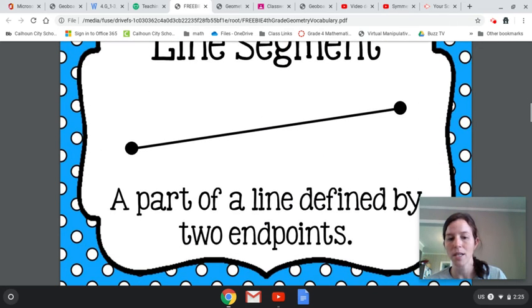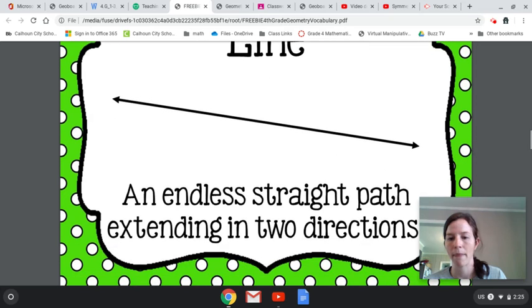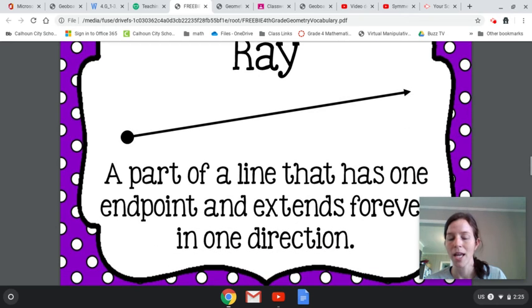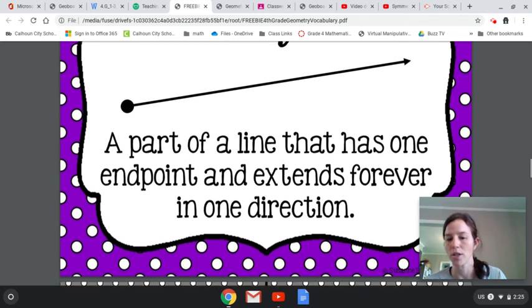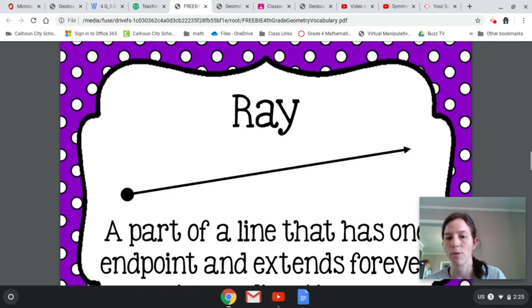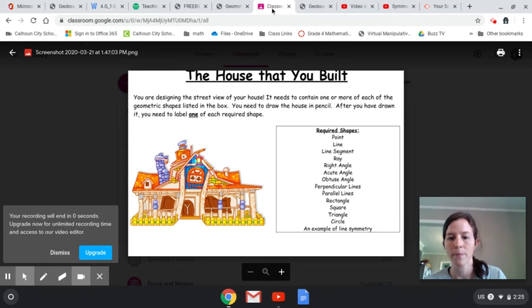A line segment, a part of a line defined by two endpoints. So just what I said, where they have an exact ending point. A line, an endless straight path extending into two directions. A ray, a part of a line that has one endpoint and extends forever in one direction. So again, two rays connect together to make an angle. So I wanted to kind of give you a little review on that.